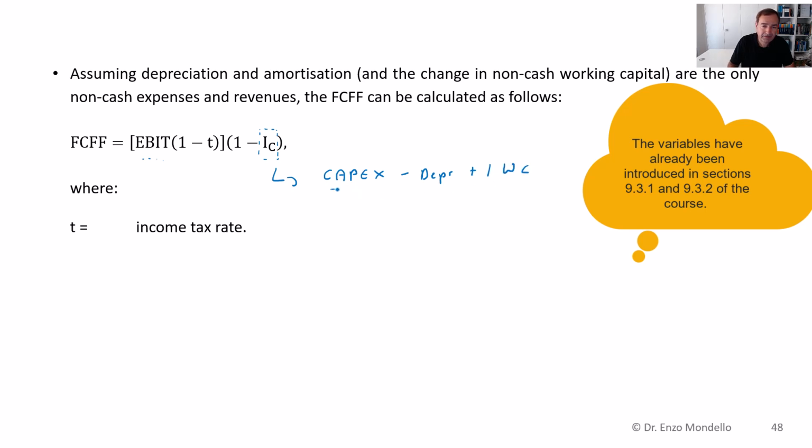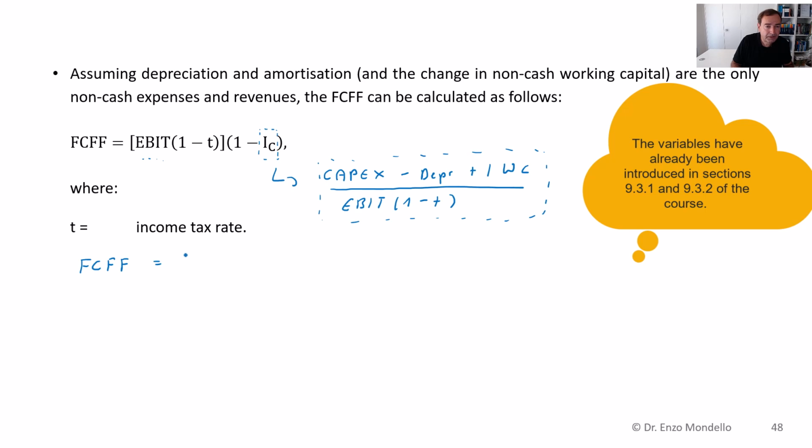That's divided by the EBIT multiplied by 1 minus the tax rate. Now if we replace the reinvestment rate of total capital with this equation, we can rewrite the equation above to determine the free cash flows to firm.